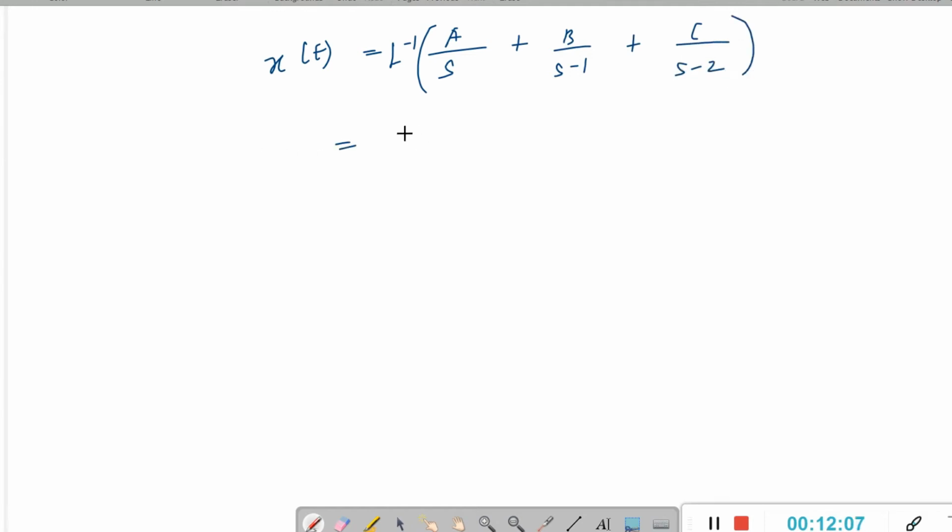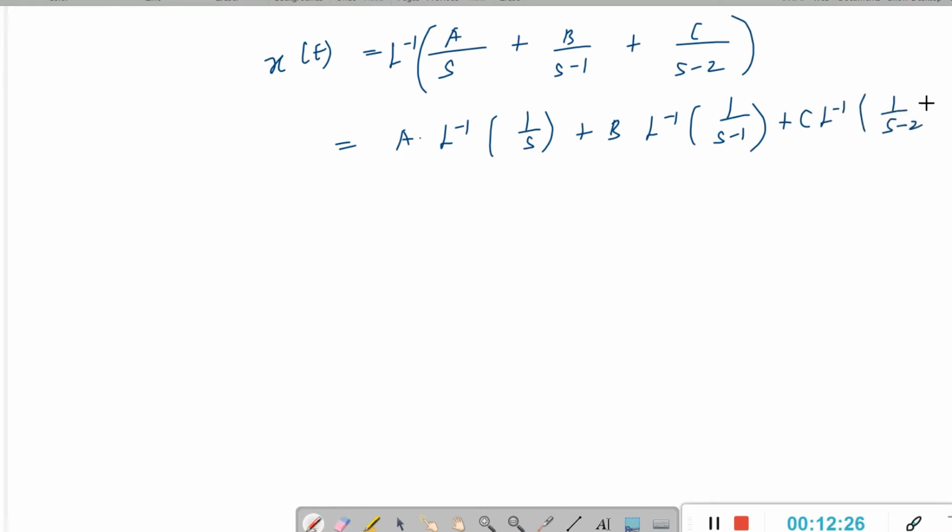From that we get x of t equal to A by s plus B by s minus 1 plus C by s minus 2, which is equal to A into L inverse of 1 by s plus B into L inverse of 1 by s minus 1 plus C into L inverse of 1 by s minus 2.